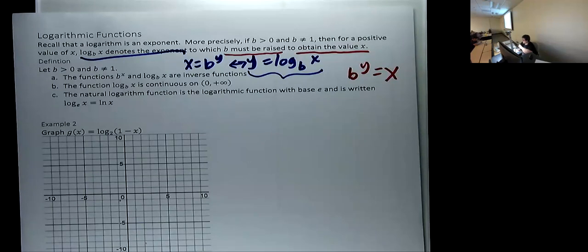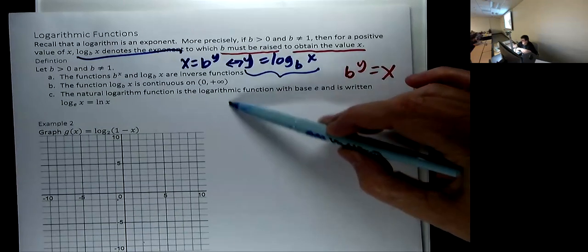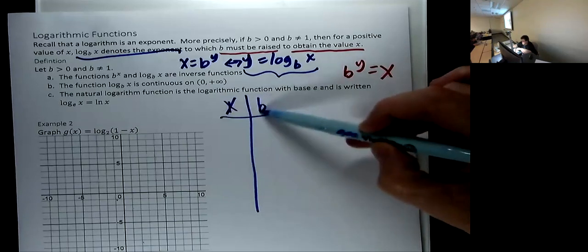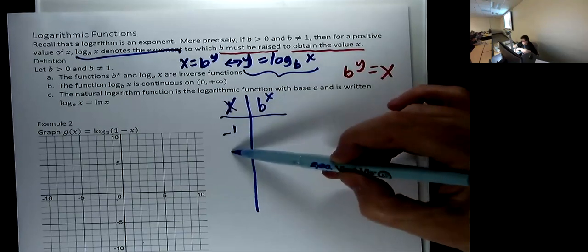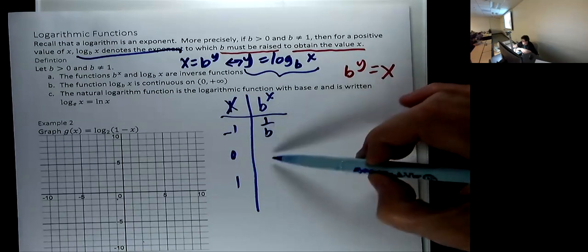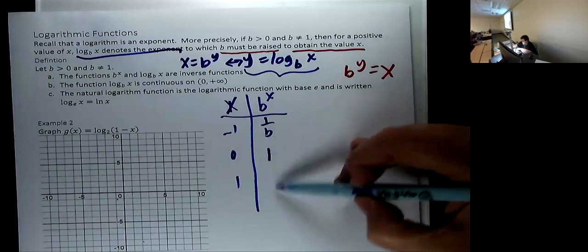What does that mean in terms of graphing it? When we had x and b to the x, we used -1, 0, and 1, and we got out 1 over b, 1, and b.